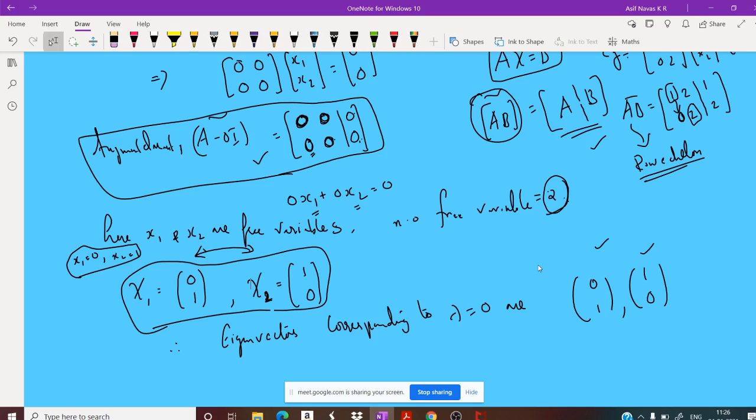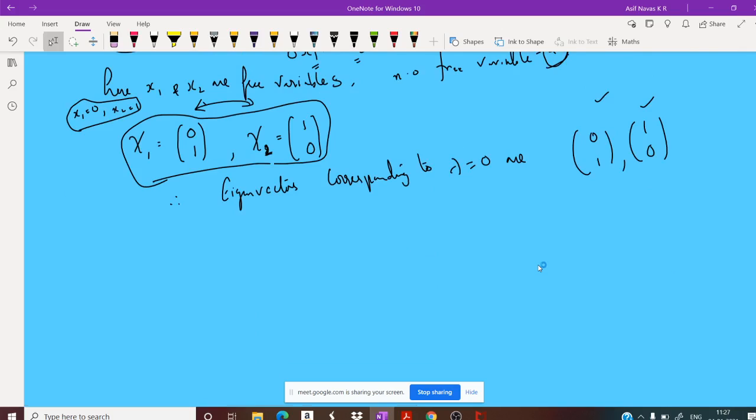Okay, so now we will do another problem. Sir, can we write the eigenvectors as 1, 2, something like that? Okay, so here x1 and x2 are free variables.